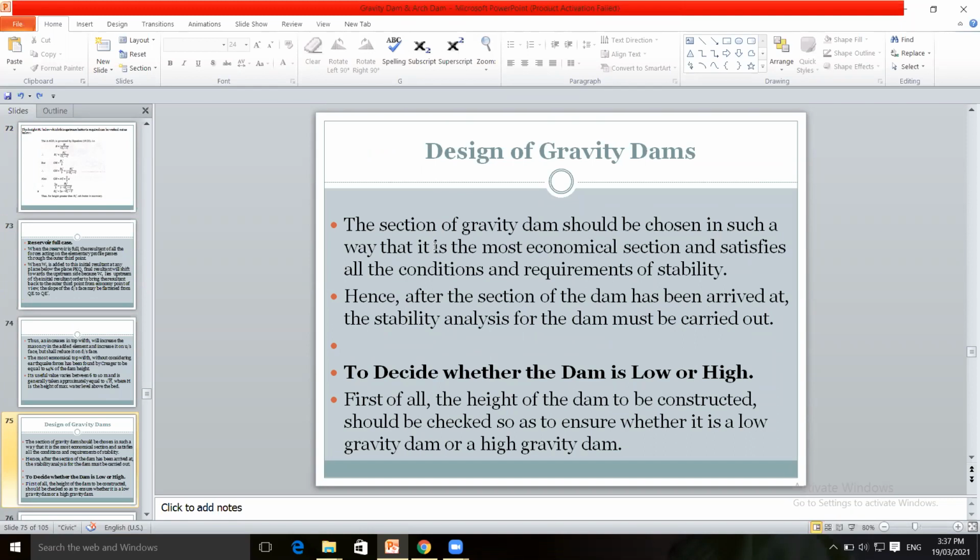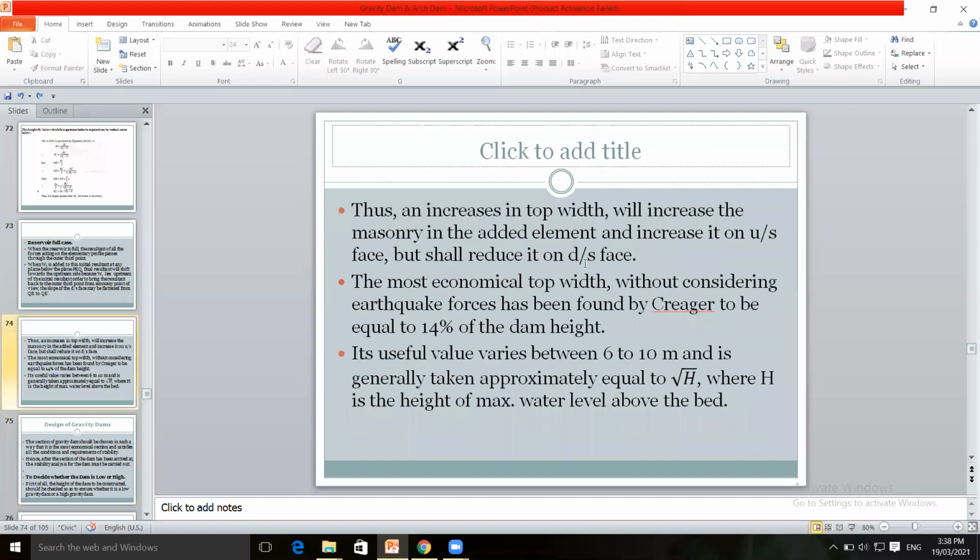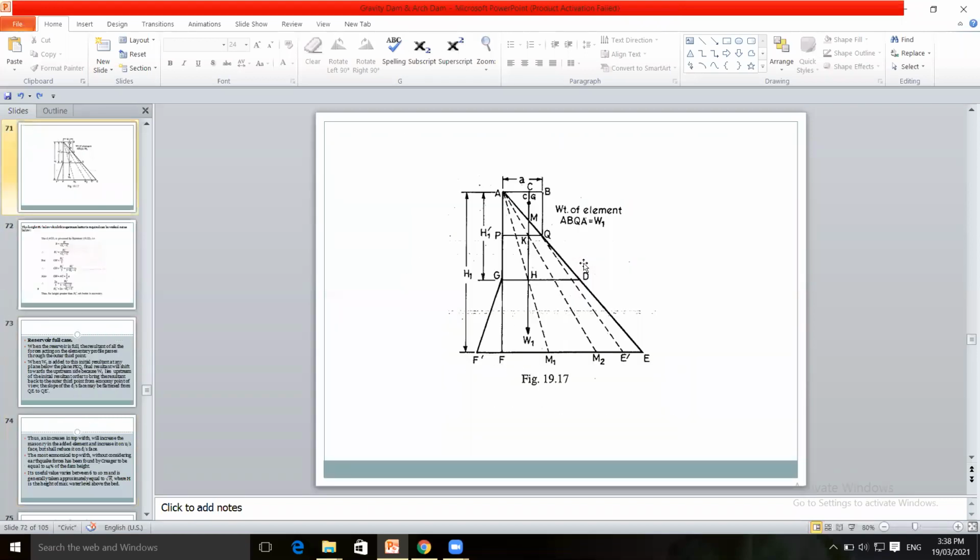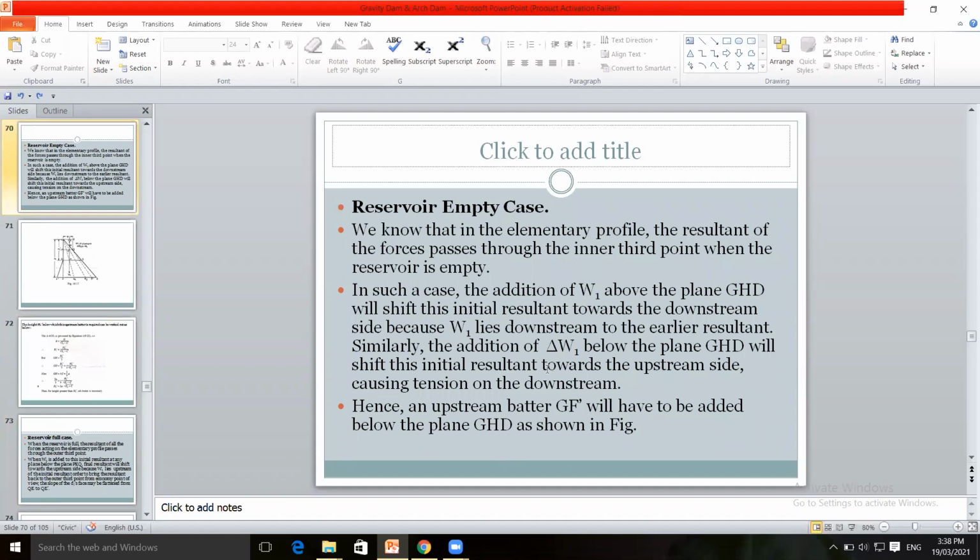So the section of the gravity dam should be chosen in such a way that it is the most economical section, it satisfies all the conditions and requirements of stability. It should be the most economical section, as you have seen in previous lectures.